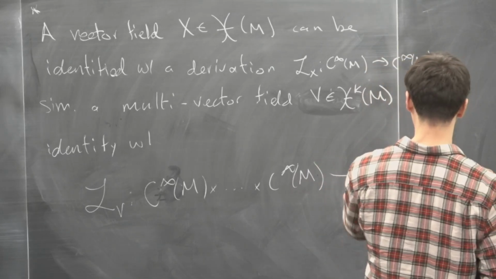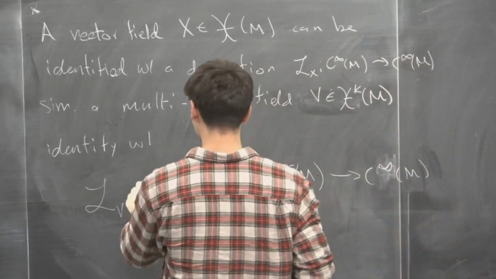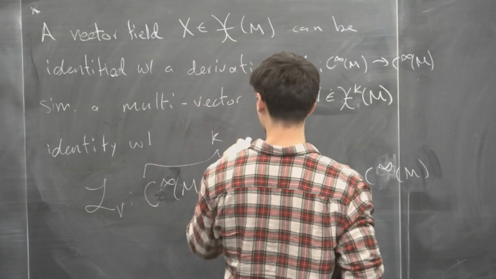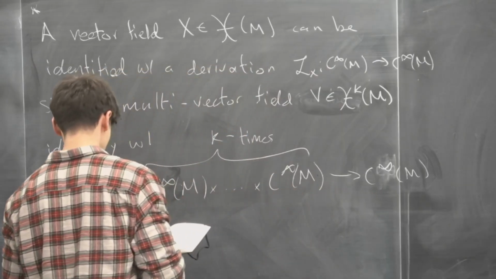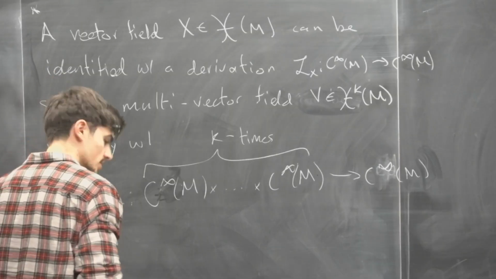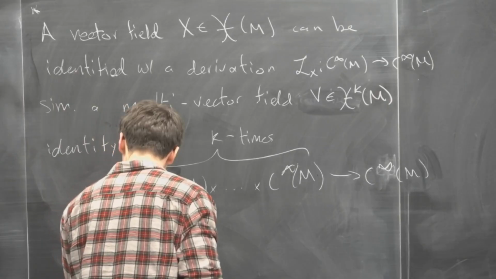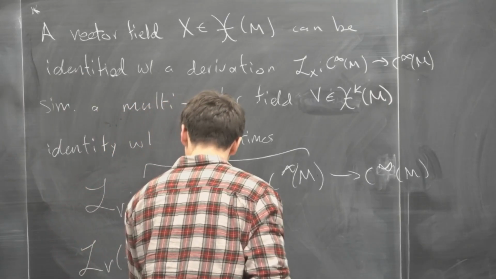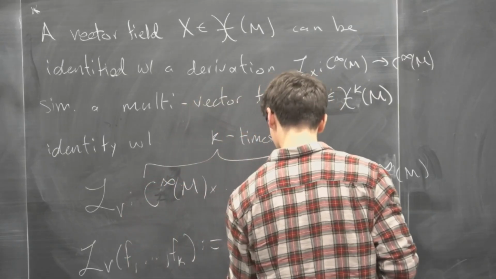Ooh, that's a cool little infinity sign right here. And it's component-wise evaluation. So it takes in functions f1 to fk, and we simply define it as a vector field.